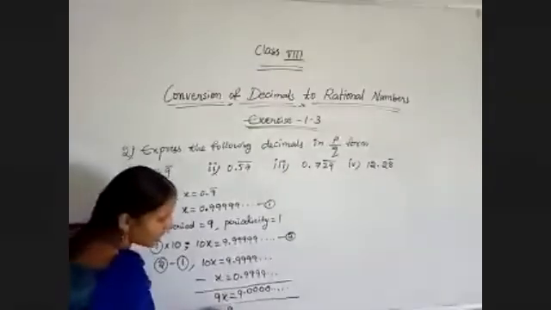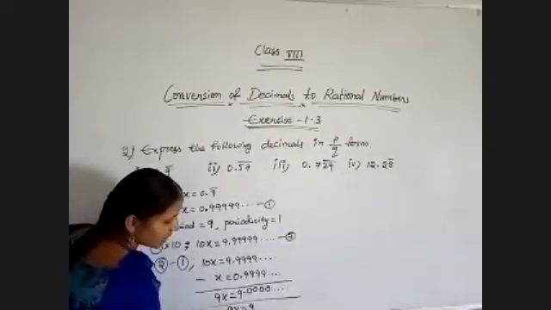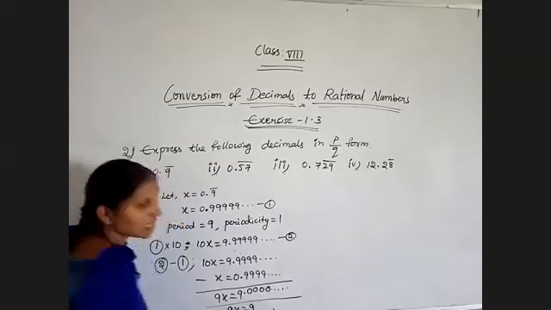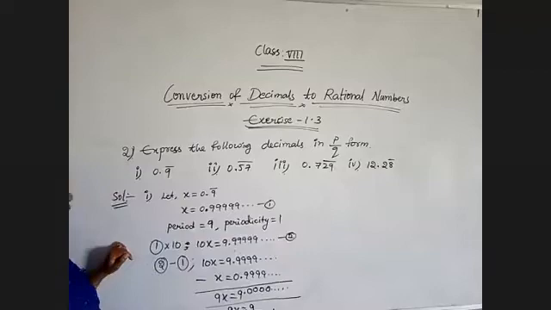So 9x is equal to 9. x is equal to 9 by 9. So 9 will get cancelled. x is equal to 1.